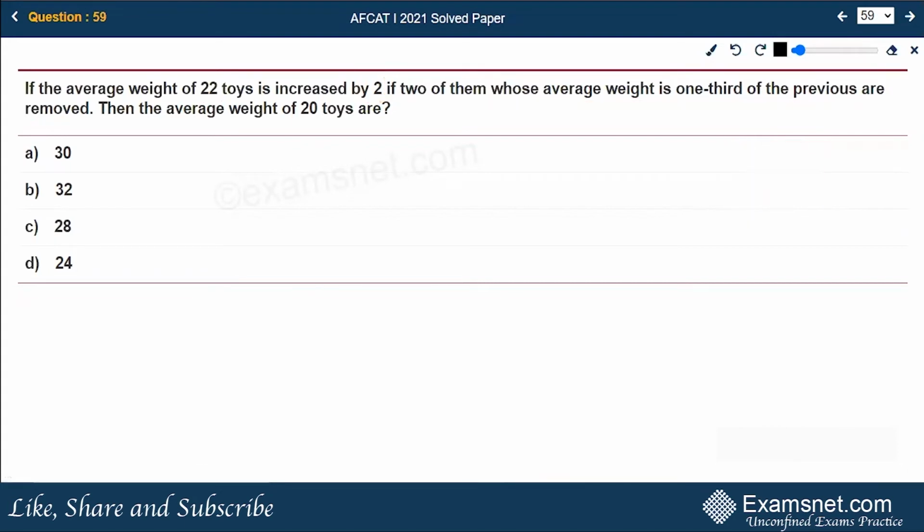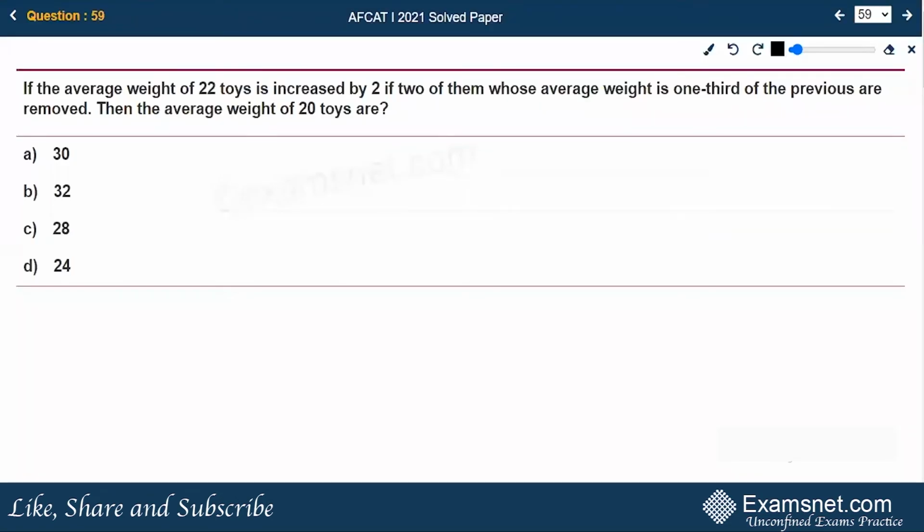So, first of all, question number 59. The average weight of 22 toys is increased by 2 if 2 of them whose average weight is 1/3 of the previous are removed, then the average weight of 20 toys is. Let's read this question again.